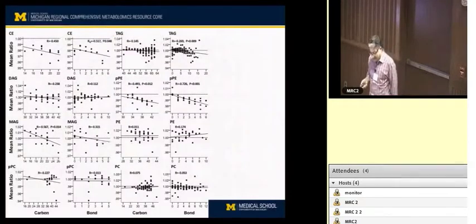We also looked at the impact of acyl chain length and the number of double bonds. And we found that overall, for example, in plasmanyl phosphatidylethanolamine, the longer the acyl chains were, the lower was the level of lipids in progressors.